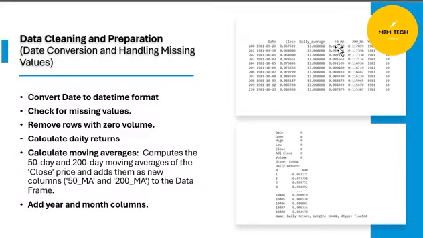I added the 50-day and 200-day moving averages, and the year and the month columns to the data frame. And I checked for missing values. There's no missing value now, it's 0. And also daily returns. These show the daily returns, the percentage change from the previous day.